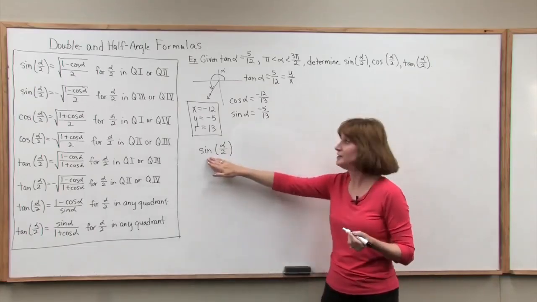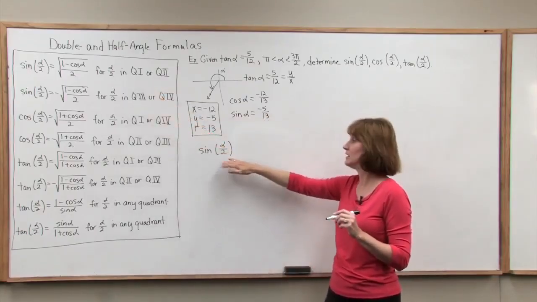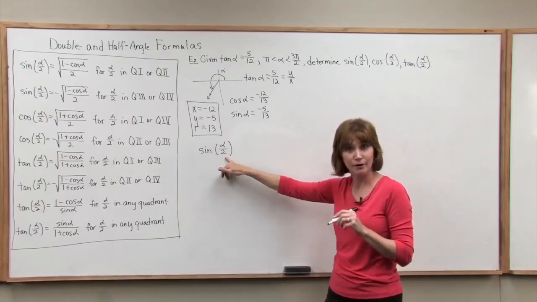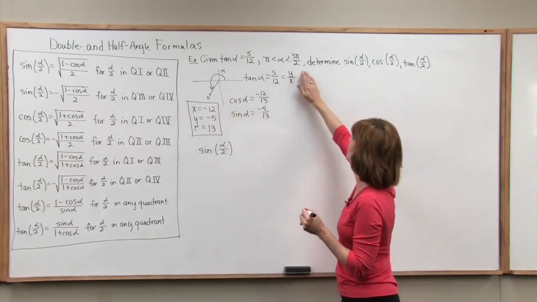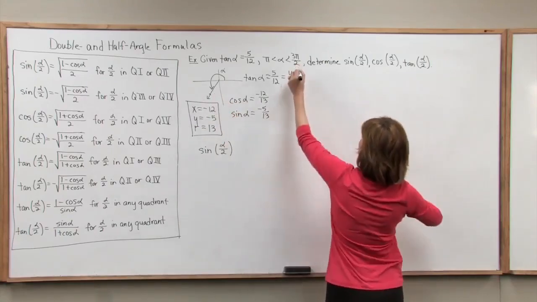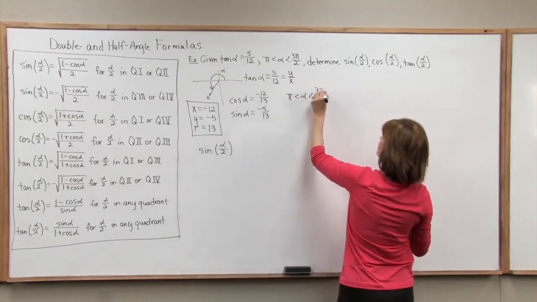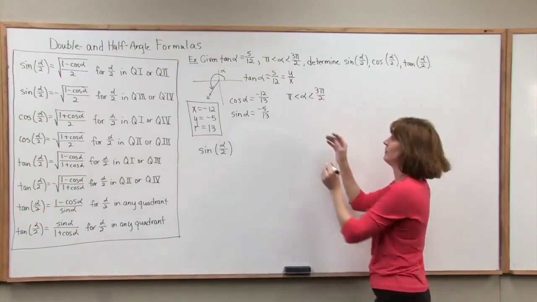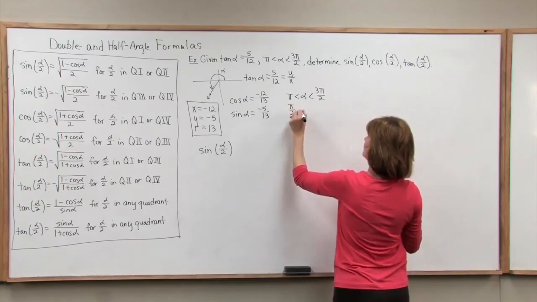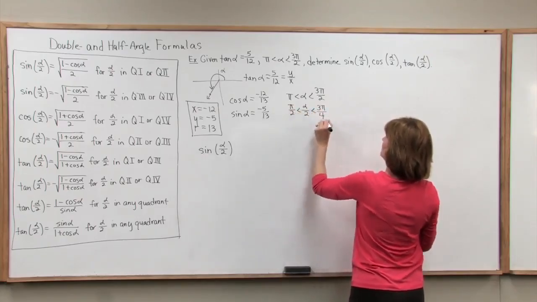Well, the first thing we have to do is pick a formula. And remember, we pick the formula based on where alpha over 2 is. This is a picture for alpha. Where's alpha over 2? Well, what we can do is take this expression. We know that alpha is between pi and 3 pi over 2. If we divide this inequality by 2, that will tell us where the terminal side of alpha over 2 lies.